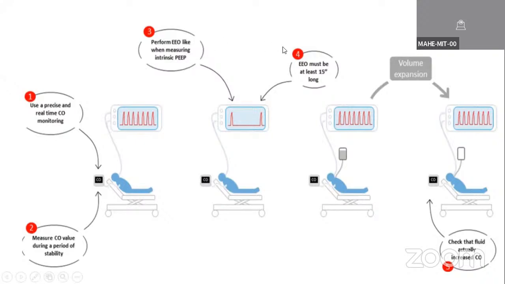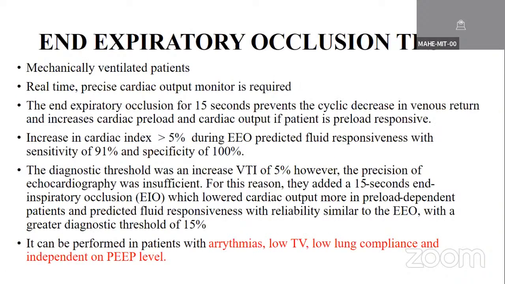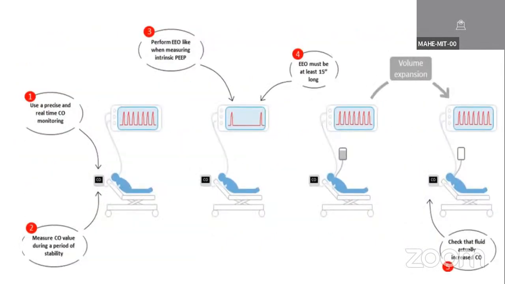You give a 15-second pause, and you see if, as I told you, there is an increase in cardiac index of more than 5%. If there is, then the patient has fluid responsiveness, and you can give a fluid challenge for this patient.